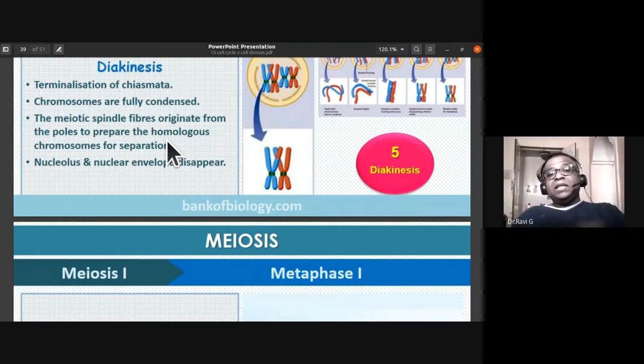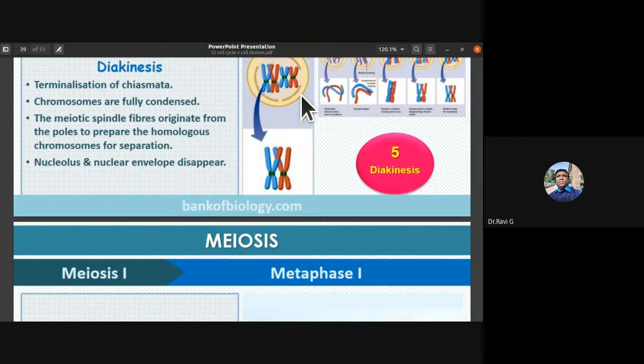Simultaneously, there is disintegration of the nuclear envelope and nucleolus. Both of them are going to disintegrate.